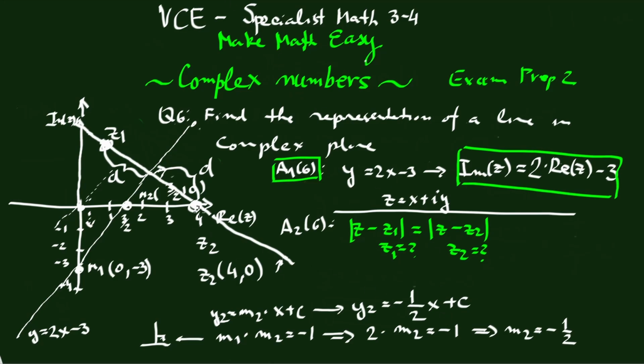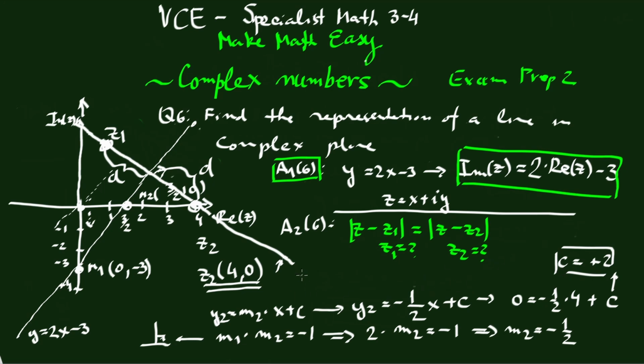Because the line goes through the point (4, 0), we have that 0 is equal to minus 1 half times x, which is 4, plus c. From there we get that c is equal to plus 2. So 4 divided by 2 is 2, minus 2 on the other side gives plus 2.